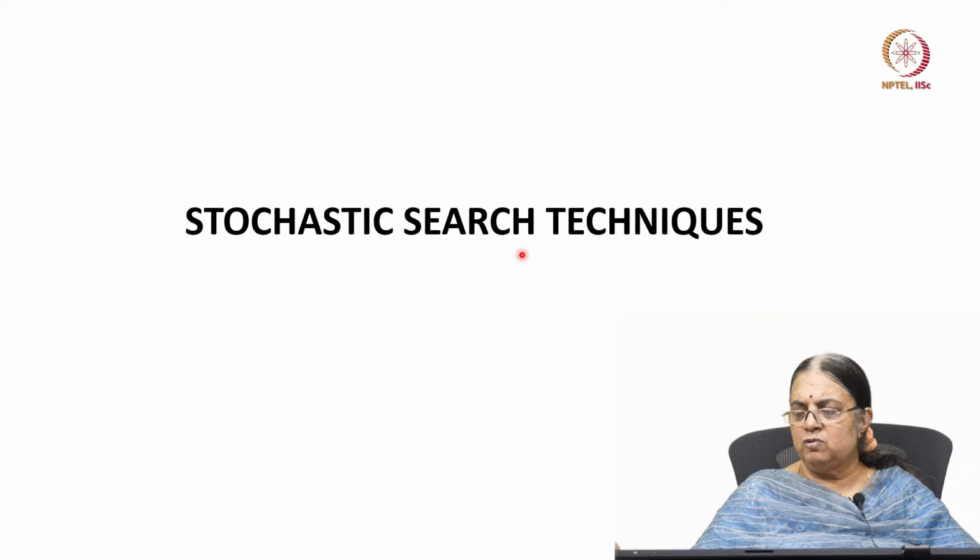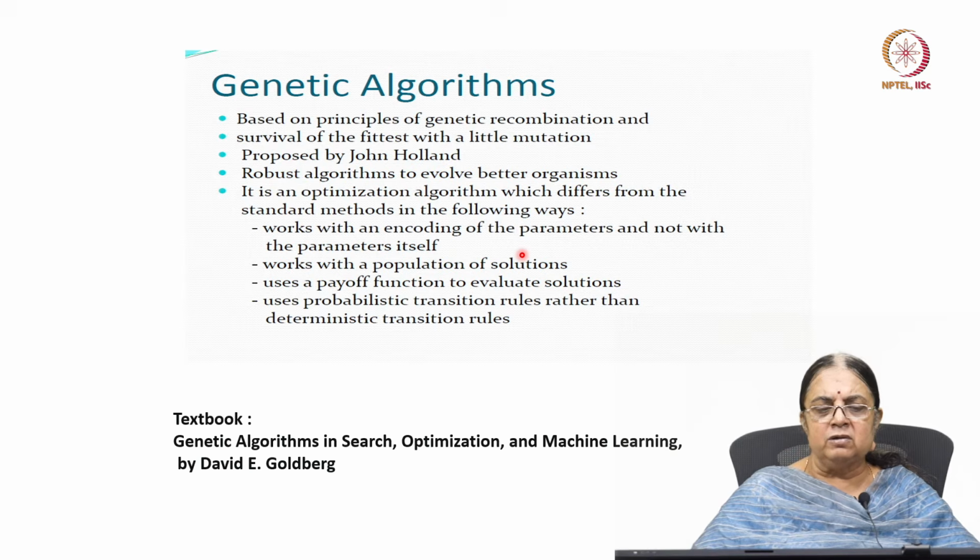You are going to evaluate the current solutions and get the fitness function, and depending on that fitness function, you are going to get other neighboring solutions using these operators, and you are going to evaluate those, and you keep doing that, and whichever string gives you the best fitness value, that is the one which is finally chosen. So one popular technique here is what is called the genetic algorithm. We'll look at the genetic algorithm first.